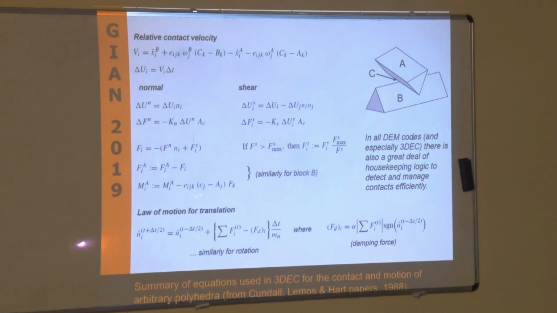That is why only recently, with the introduction of GPUs and much faster parallel CPUs, you can start thinking about using discrete elements more and more instead of finite elements. Okay?